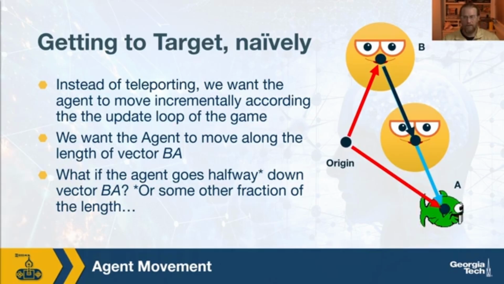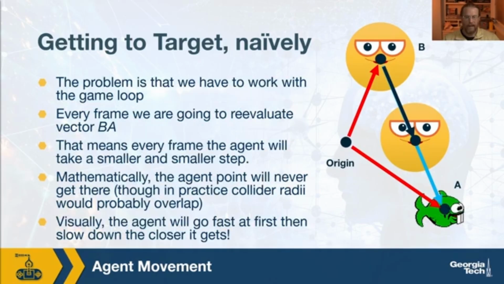But then the next time we go through the loop and run our update, our agent's in a new location. So we have a new B location, and the fish is still in the same spot, so we have a shorter BA the next time.